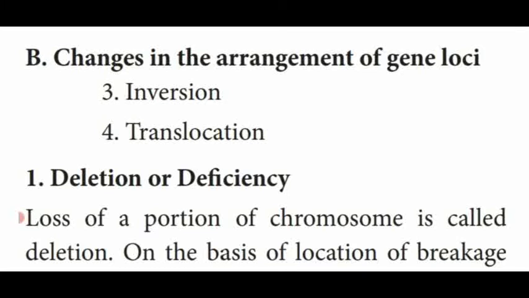So these four are the different types of structural chromosomal aberration: deletion, duplication, inversion and translocation. Inversion means we are adding one or more gene segments. Translocation means we are displacing the position or place of a gene.